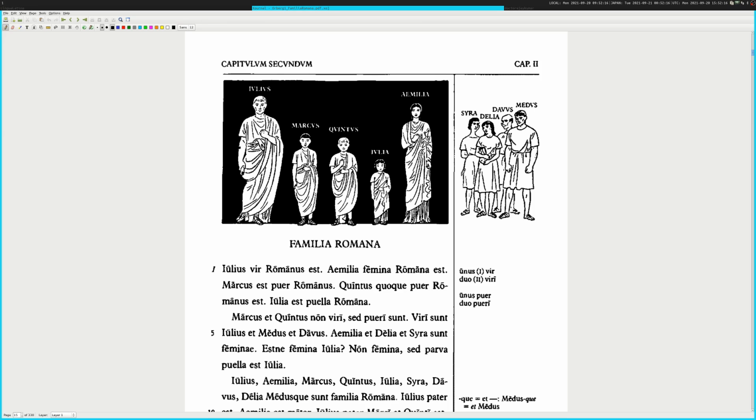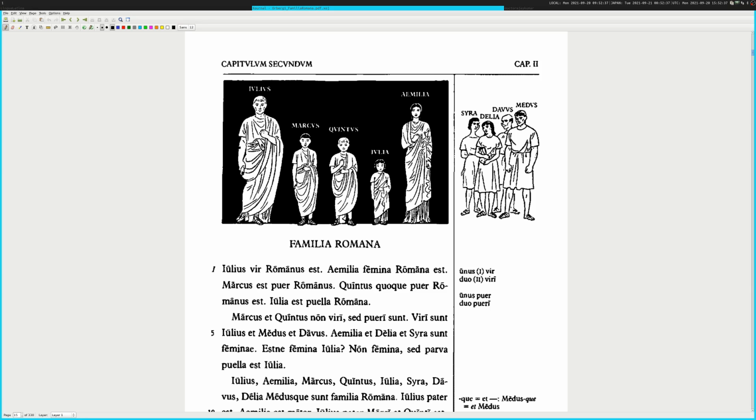Quintus quoque is also a Roman, a little boy. Puer must mean boy. Yeah, and then puella, probably. I'm reading it as Spanish. Puella. Julia is the girl. Marcus and Quintus are not men, they are boys.